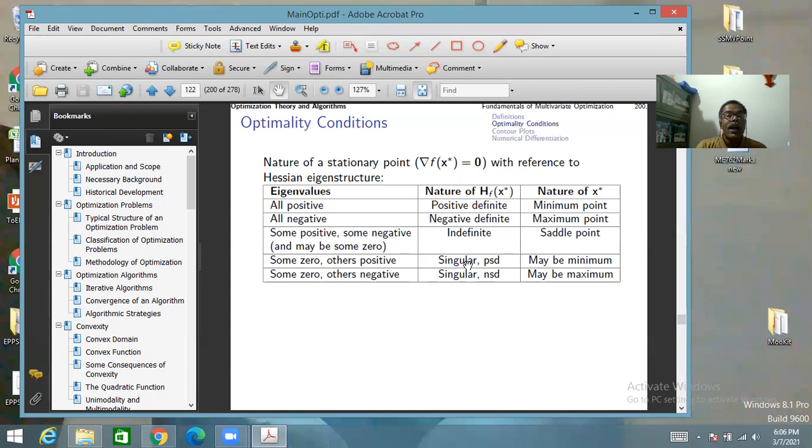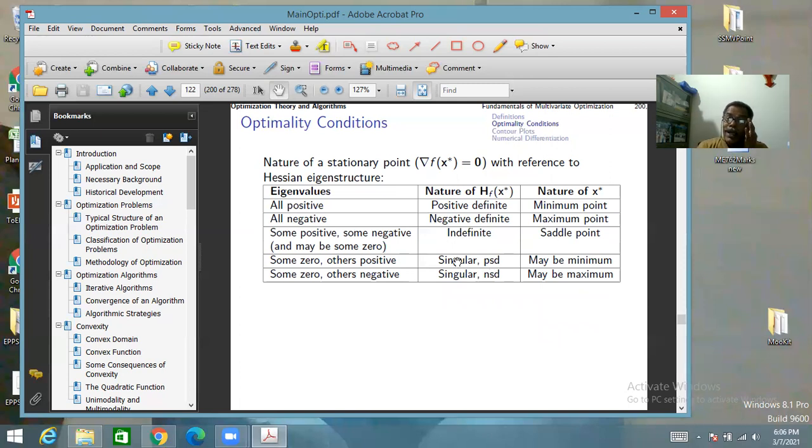Why do I mention singular especially? Because when you say positive semi-definite, you simply say that eigenvalues are supposed to be positive or zero. You don't insist that some of them have to be zero. But if some of the eigenvalues happen to be really zero, then the matrix is singular also.